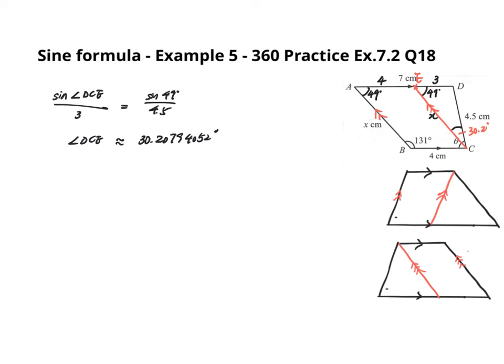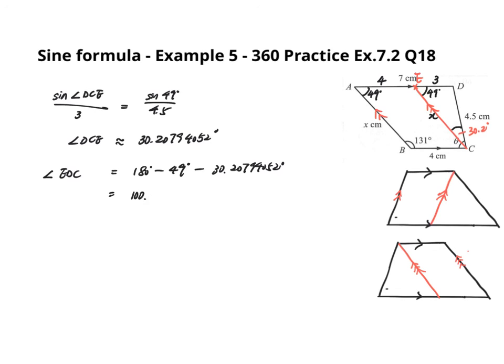After that, we can find angle CDE and use the sine formula again to find CE, the unknown X. Angle EDC is equal to 180 degrees minus 49 degrees minus 30.20794052.